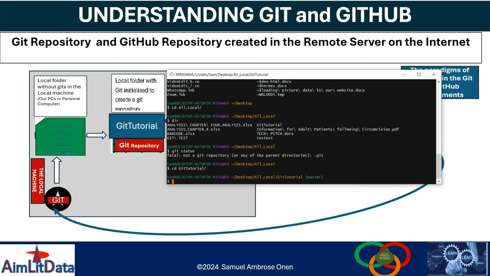We came from our desktop, and then we went inside another directory, which is all_local, and inside all_local we have Git tutorial, and that Git tutorial now is sitting on the master. That means the Git tutorial is actually a repository, because master is the core branch in a Git repository. Now let us run some command, for example, git status.